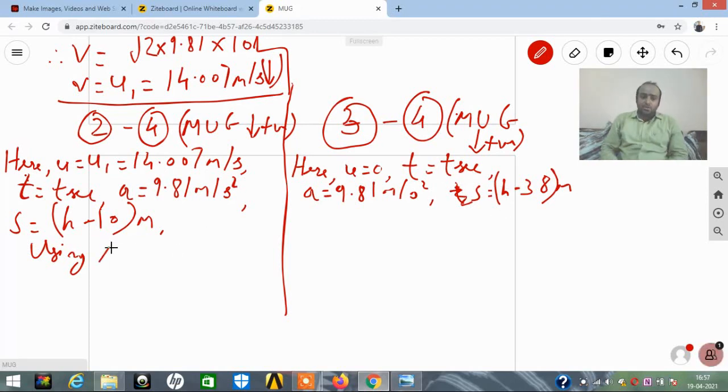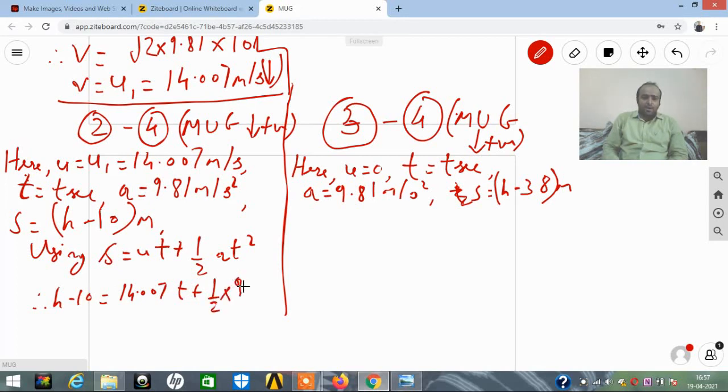Definitely we should use s is equal to ut plus half of at square. Therefore h minus 10 is equal to 14.007 into t plus half into 9.81 into t square.